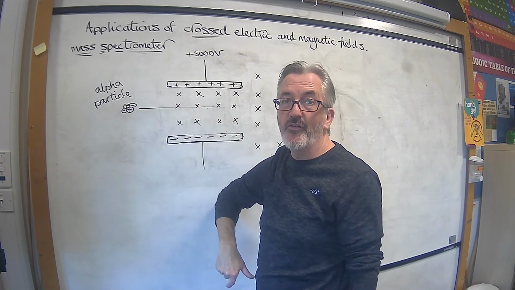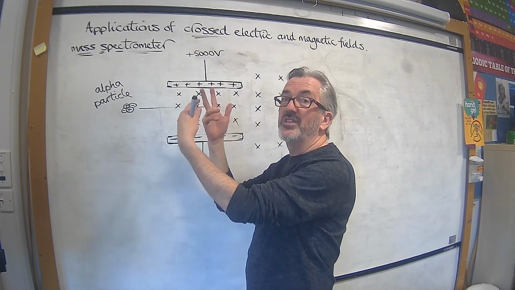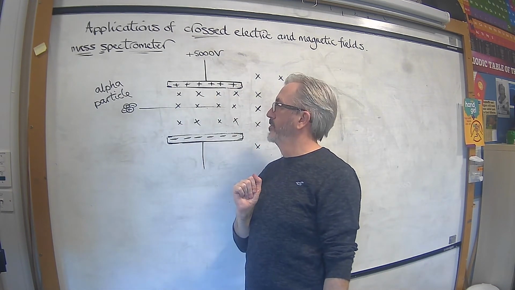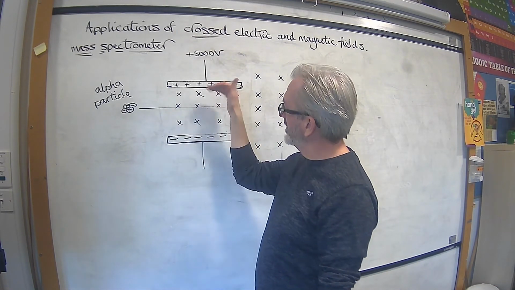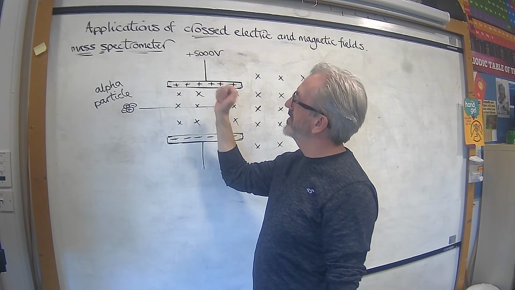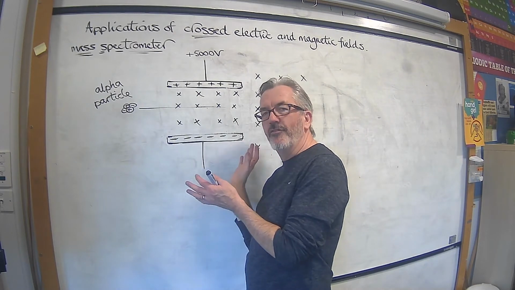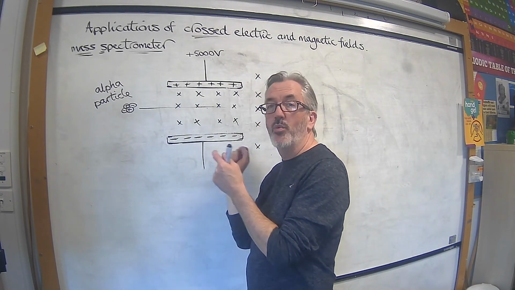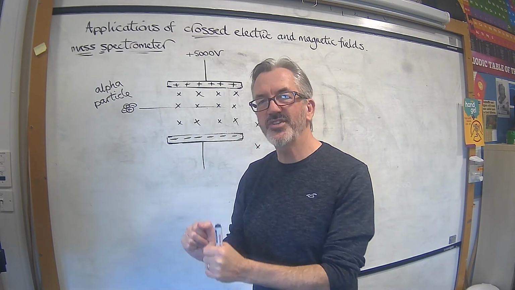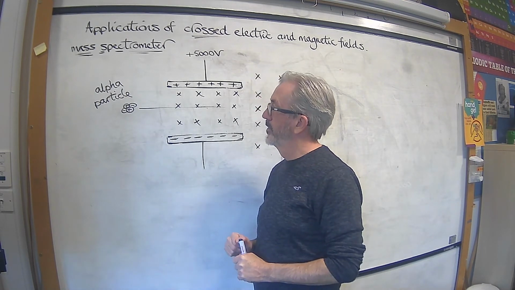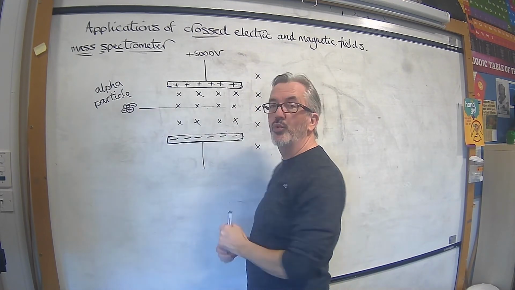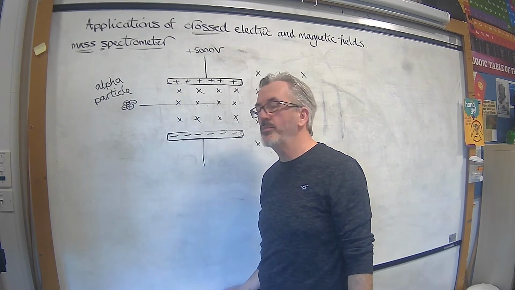The force on an alpha particle, a positive charge, would be in the opposite direction, upwards. So the electric force is exerting a force on the charge downwards. The magnetic force is exerting a force on the charge upwards. And when those forces are balanced, then that alpha particle will go through in an undeflected path.